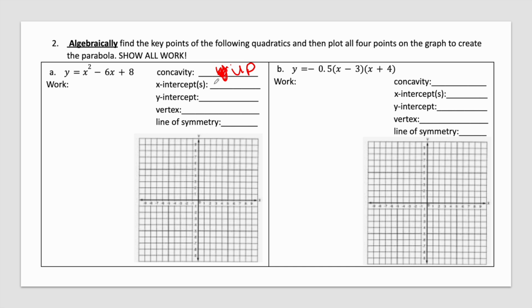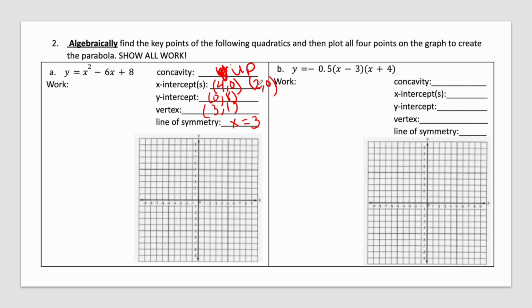X-intercepts were 4, 0, and I forget what the other one was. 2, 0, I want to say. Y-intercept was 0, 8. Our vertex was 3, -1. And our line of symmetry is x equals 3. So all that stuff we can find on Desmos. Now we just need to back it up algebraically.